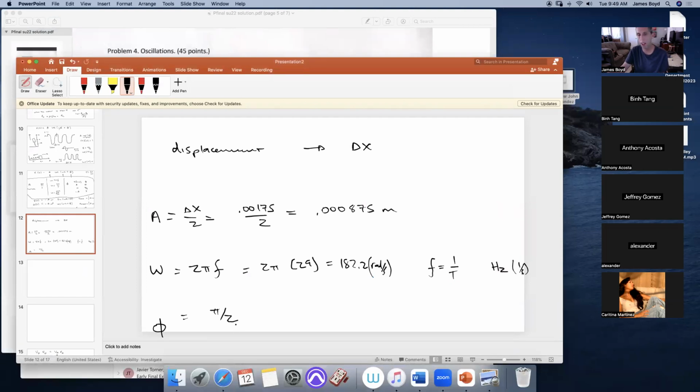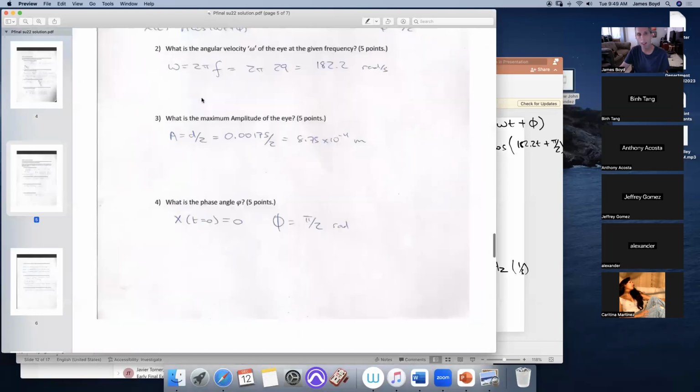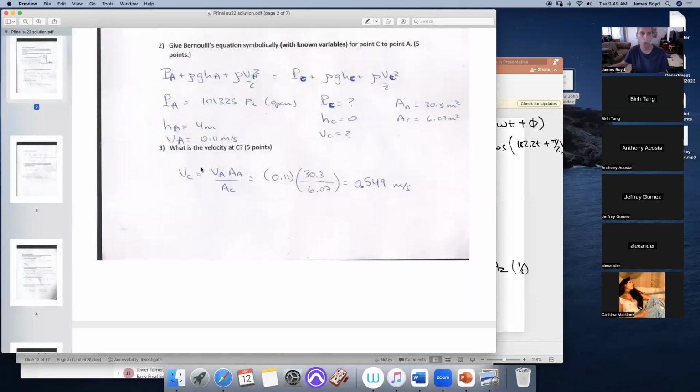So what I have is x of t is A cosine omega t plus phi. This is my equation. A is 0.000875 cosine of 182.2 t plus pi half. Remember, your calculator needs to be in radians.